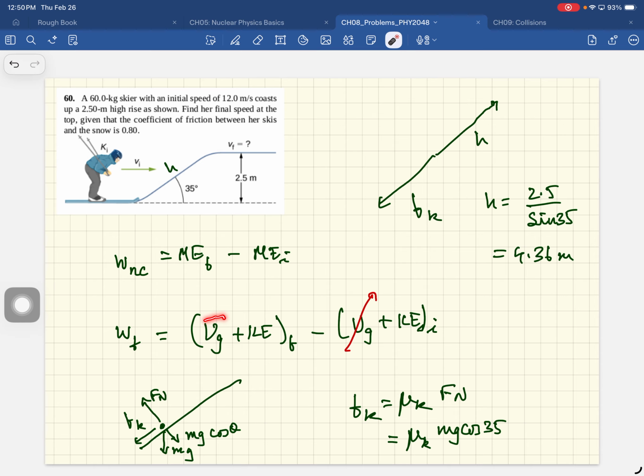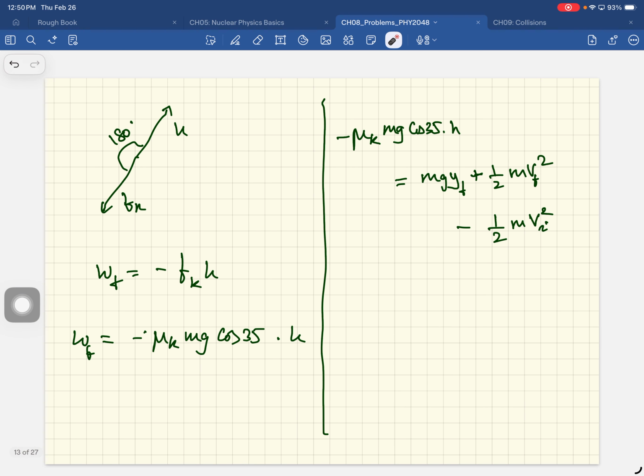Okay, so that's the final potential energy, that's the final kinetic energy minus the initial kinetic energy. So what this is saying is the work done shows up as change in the mechanical energy. Okay.